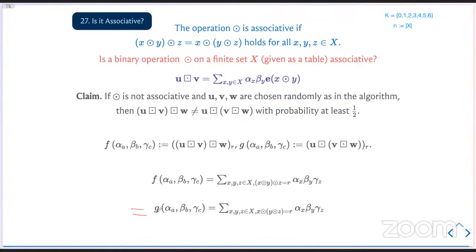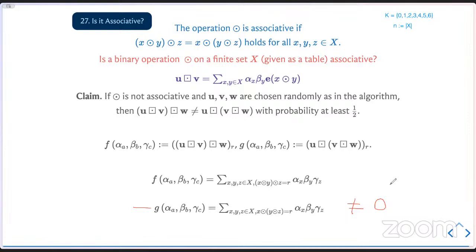Think of this as a multilinear polynomial in these variables. Because our base operation is non-associative, this difference polynomial is actually a non-zero polynomial.